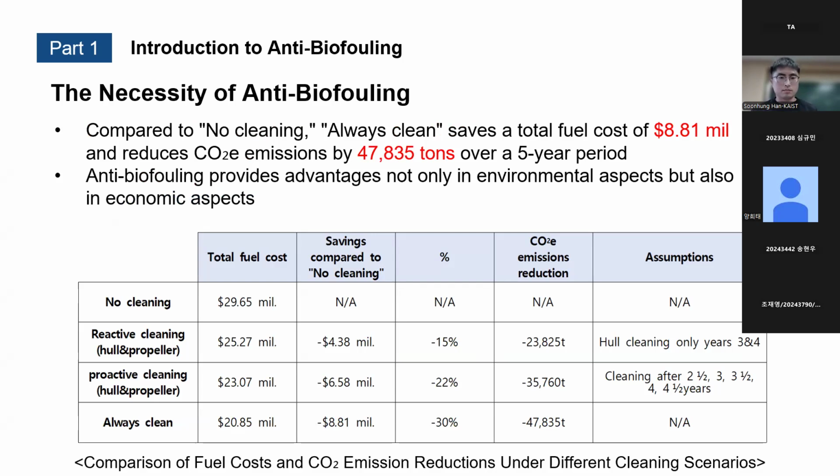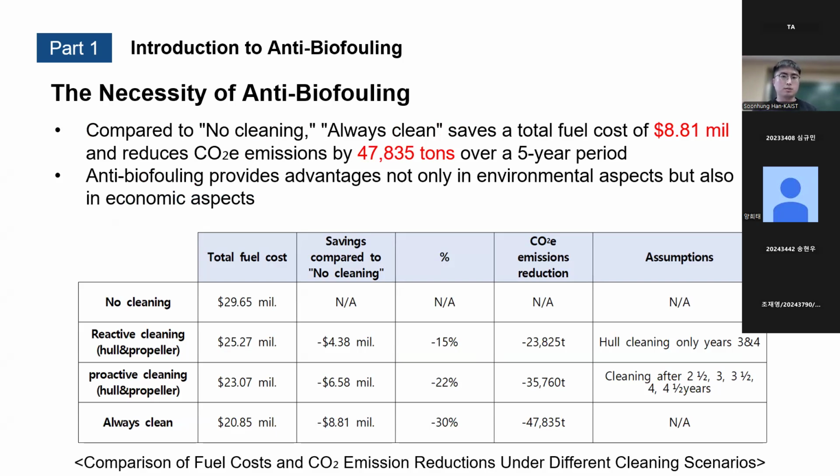Next slide also compares no clean or always clean.